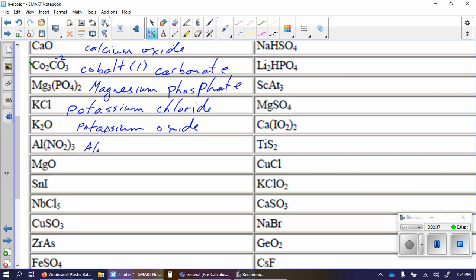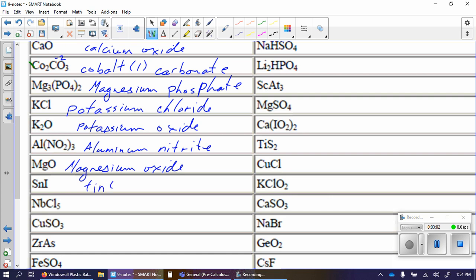AlNO2 is aluminum nitrite. Magnesium oxide. Tin isn't a transition metal, but it's one that needs a Roman numeral.